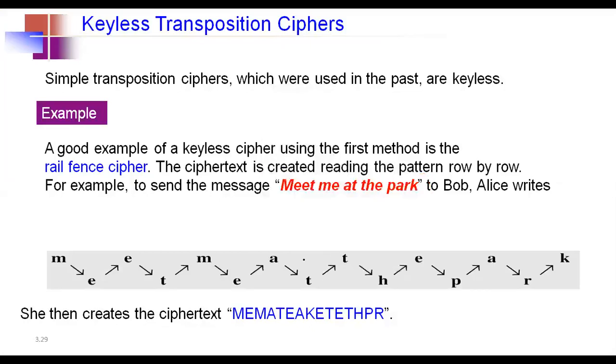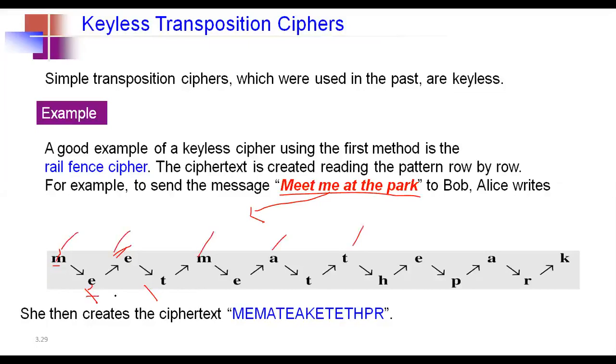For this plain text, the ciphertext is created by reading this pattern row by row. The plain text is written like this: M, E in the first row and E in the second row, two rows. I split all the characters of the plain text into two rows, one by one. So the first row has the first, third, fifth, seventh characters, like that.